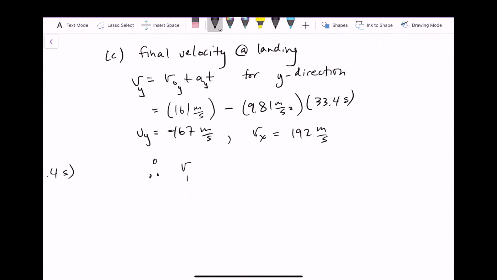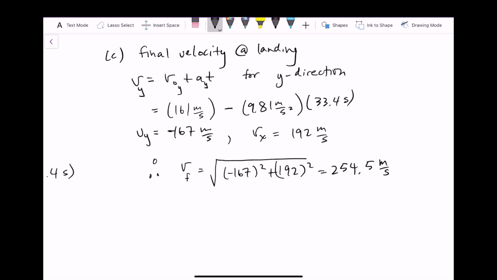Therefore, the final velocity is the square root of negative 167 squared plus 192 squared, which is equal to 254.5 meters per second. But hold on, that's not the final answer.